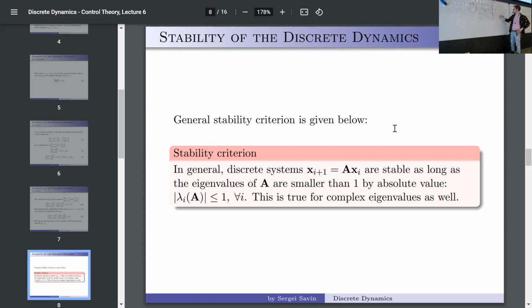Continuous case is x dot equals Ax. Discrete is x sub i plus 1 equals A x sub i. We're talking about the eigenvalues of the A matrix, right? Of course, they are not the same. If you discretize this system, and what I mean by discretize will be clear in a couple of slides, this matrix and this matrix do not represent the same system at all.